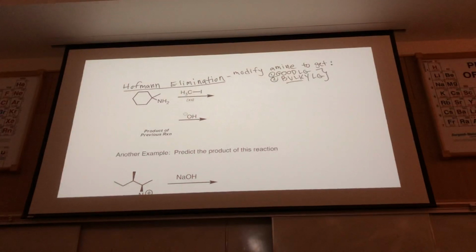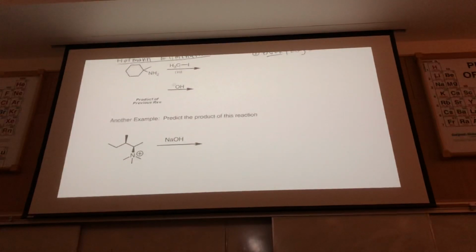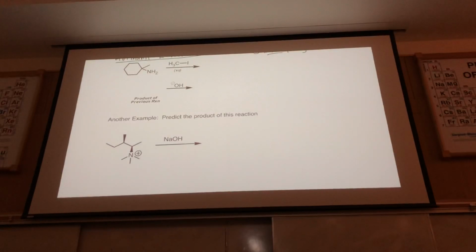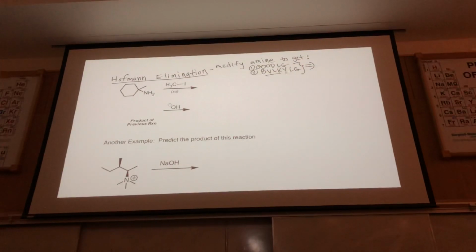So those things together, now that you have a good leaving group, allow you to do an elimination. And the fact that it's bulky allows you to get the least substituted alkene, hence the name Hoffman product. Can you go back a little bit? Oh yeah, sorry. So you get the least substituted, i.e. Hoffman alkene.